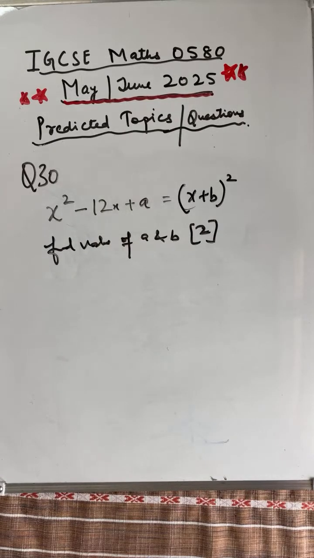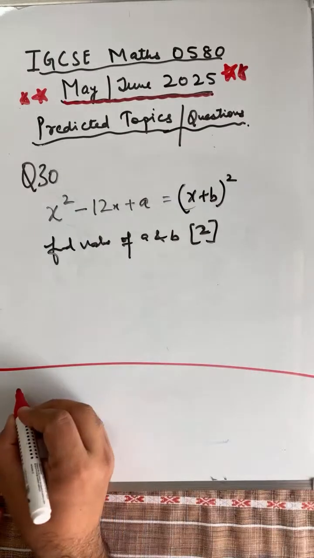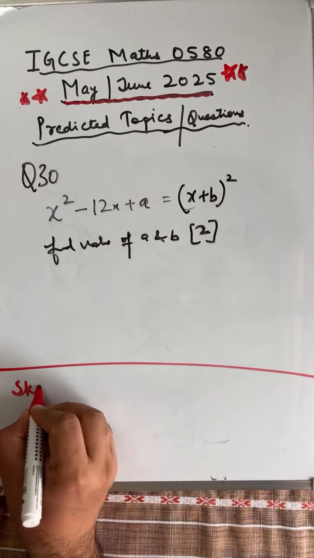Pradeep is asking, will there be Venn diagram, sketching graphs, probability and vectors? Yes, we will be discussing probability now, vectors questions also, Venn diagram can be there, sketching graphs. Pradeep, note one more question: sketch the graph.